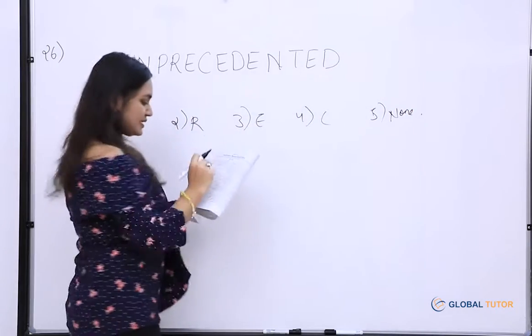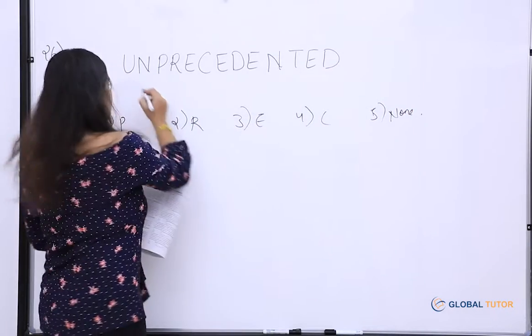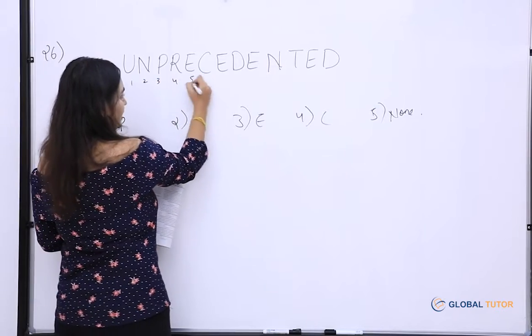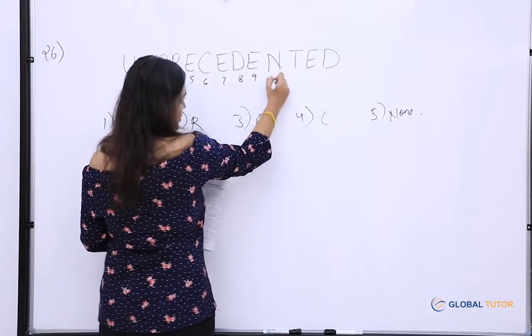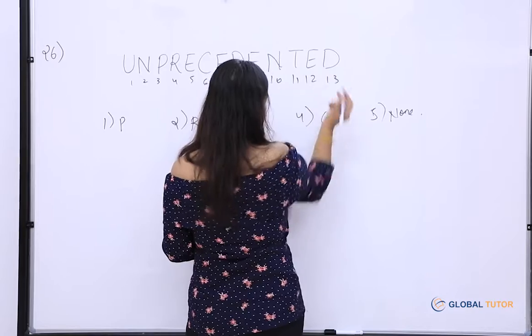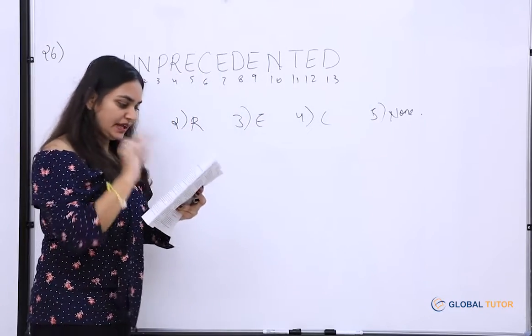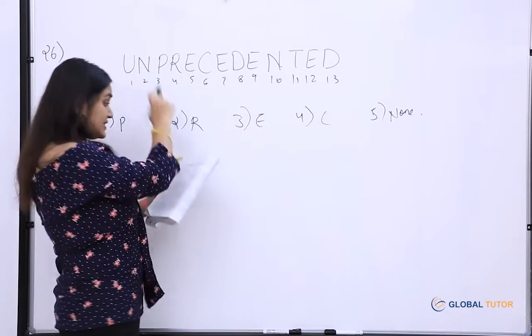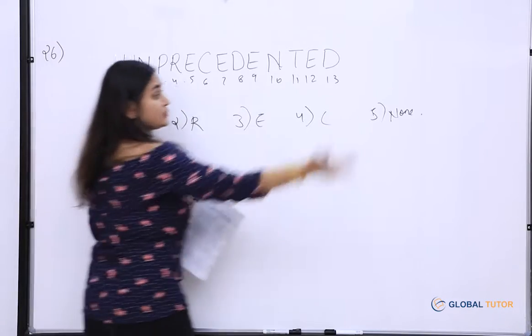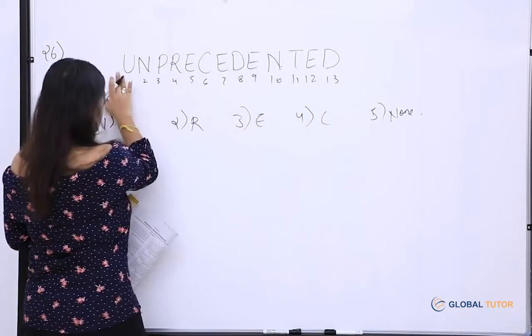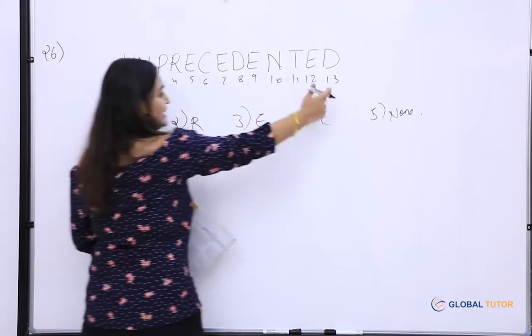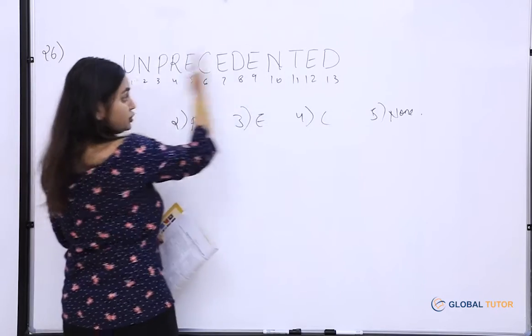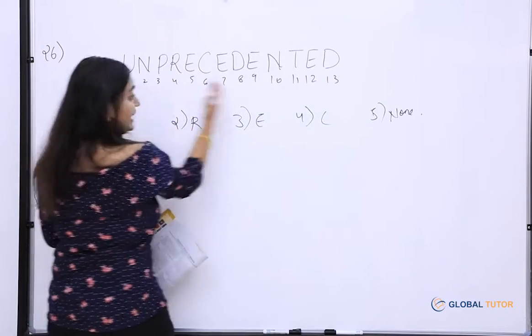Now, because this whole question is based on positioning, I'll just write this thing down quickly in case we need it. Although the demand of the question can be understood by these terms, okay? So the first and the second letters are interchanged with the last and the second last letters. So as you can see, U and D are interchanged. So D comes here, U goes there, E comes here, N goes there.